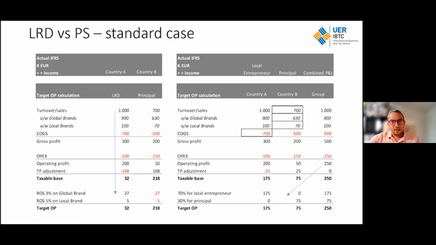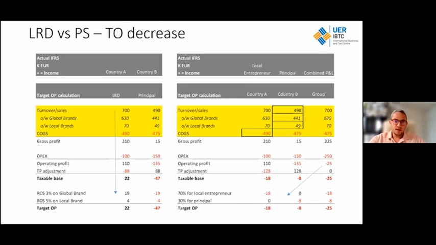So what happens in case we introduce some external condition? In this slide, we only modify what happens in case of a decrease of turnover. We can imagine, our mind goes directly to COVID, the pandemic, and so on.